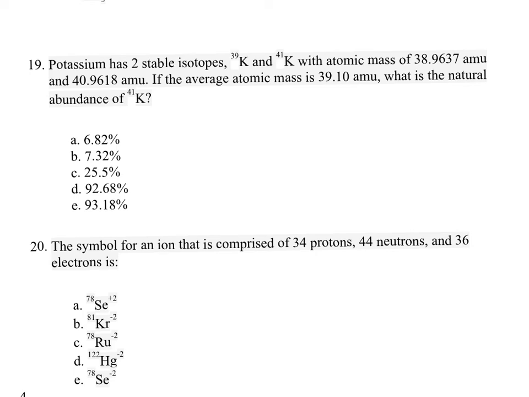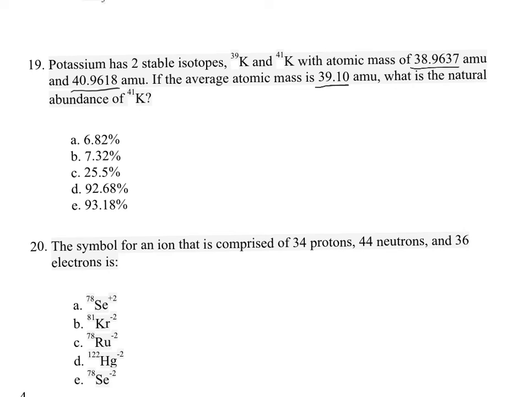Well, first of all, before we do anything, let's look at these 3 numbers. That's 38.96, almost 39, 40.96, that's almost 41. And the average is right here, a little bit beyond 39.